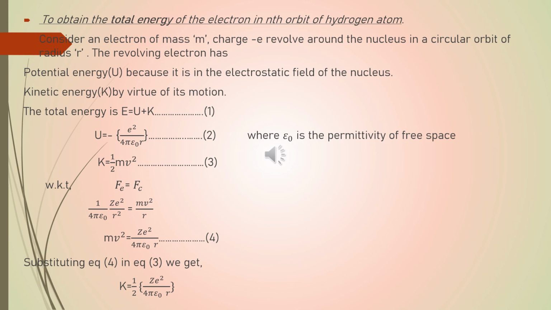We know that the electrostatic force of attraction Fe is equal to the centripetal force Fc. Substituting for Fe and Fc, we get mv² is equal to Ze²/4πε₀r. Substituting mv² in the kinetic energy equation, we get K as half of Ze²/4πε₀r.